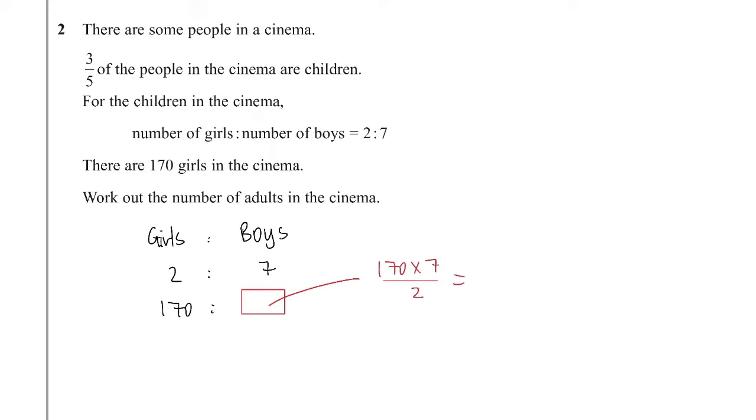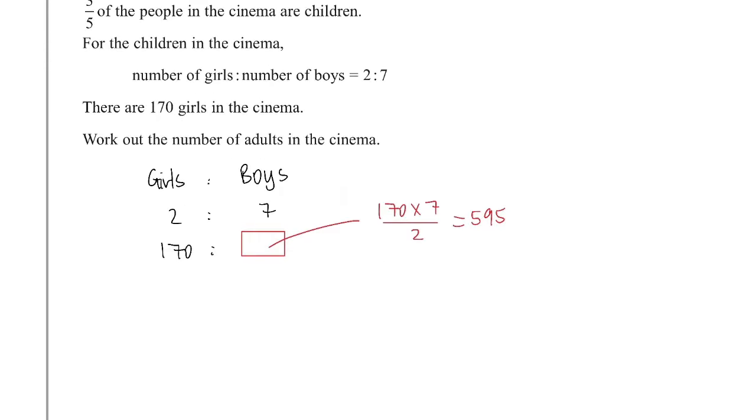So if we just do this on the calculator, we will be getting an answer of 595, which means that in total the children are 170 plus 595, which is giving a result of 765.